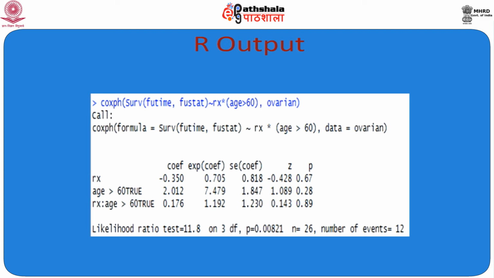For the factor age, those having age more than 60 years, it is coming 2.01 with exponential of coefficient 7.47 and p value 0.28, where the interaction value between Rx2 and age, for patients having Rx2 and age more than 60 years, is coming with 0.017 with odds 1.19.